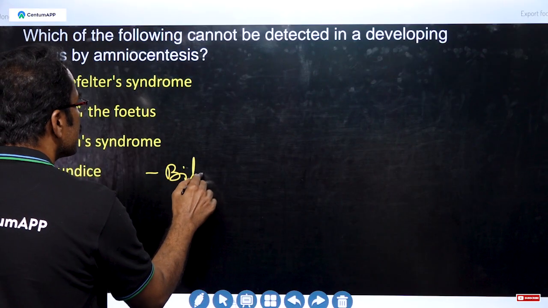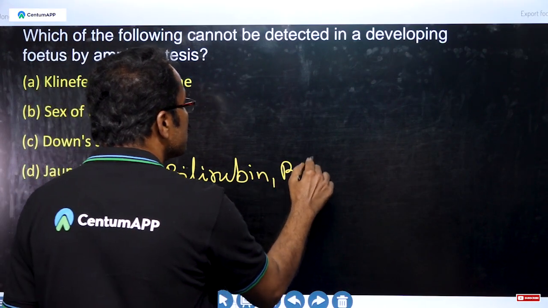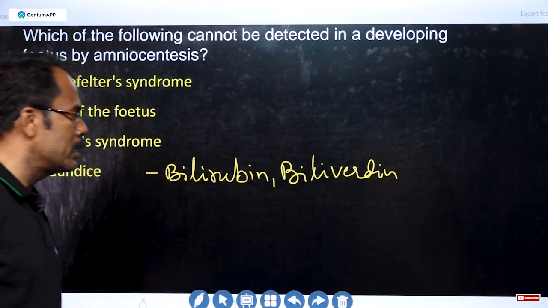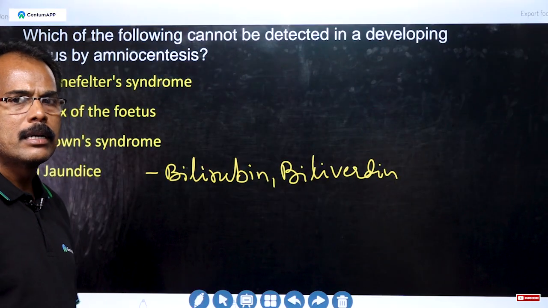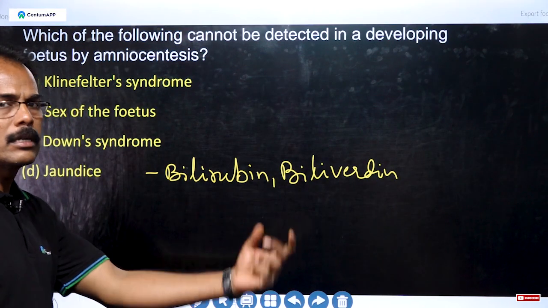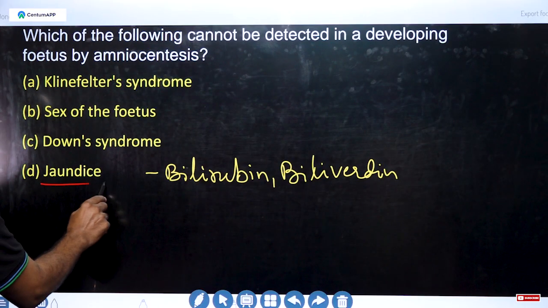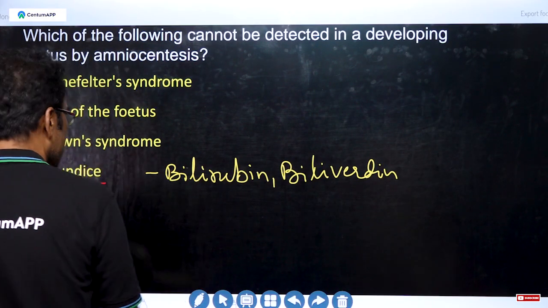If bilirubin and biliverdin are not processed properly by the liver, then these two products accumulate, and jaundice occurs in the person. So, option D is the correct answer.